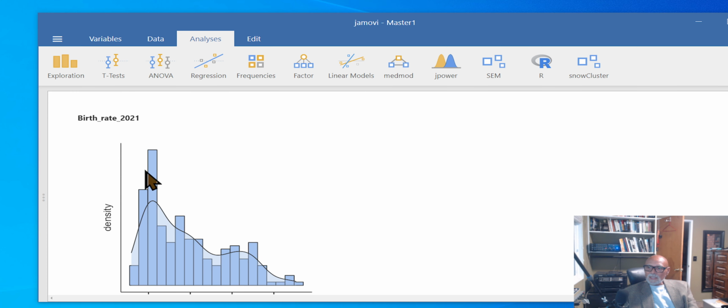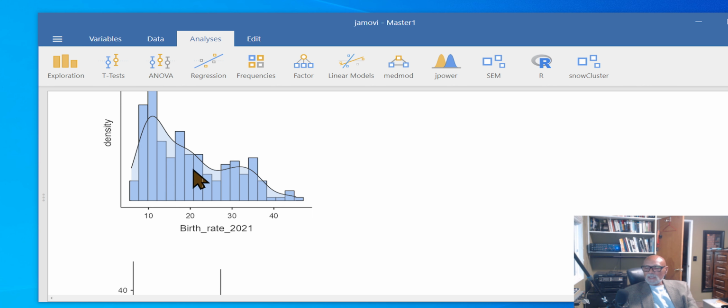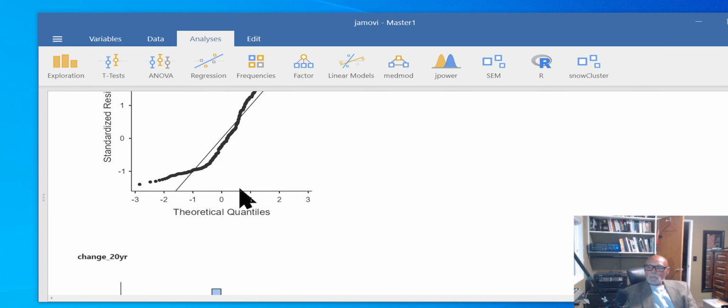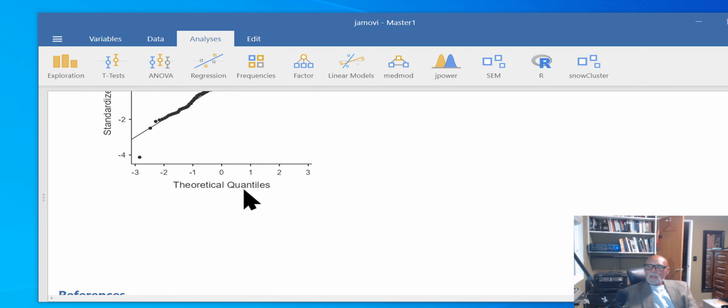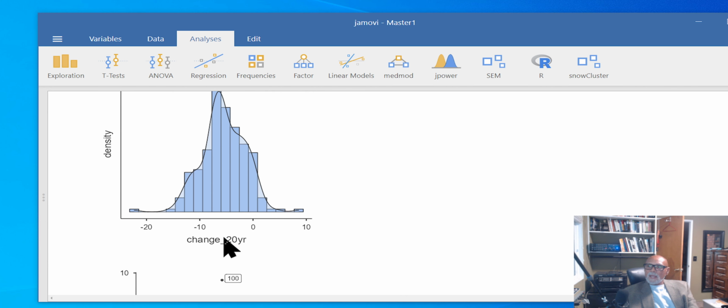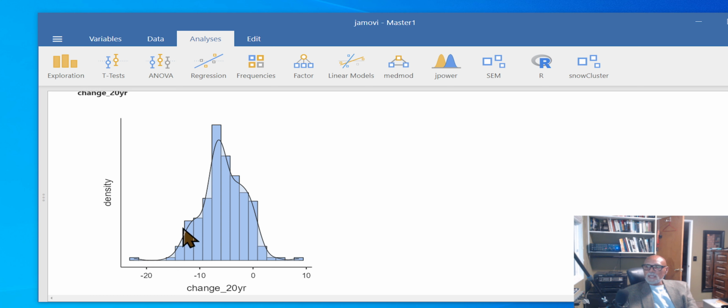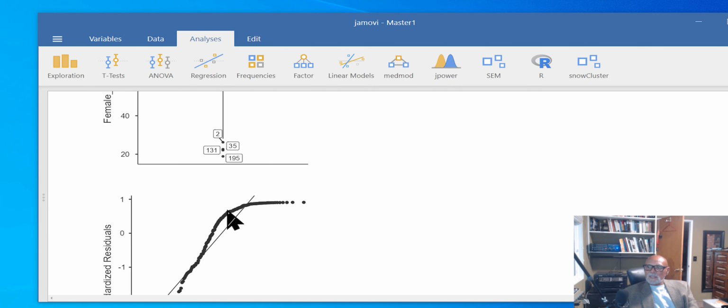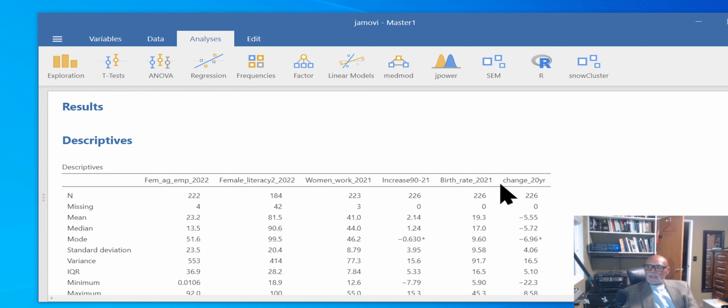This is another one that is skewed to the right. And this is the crude birth rate for 2021, where this is the number of births per 1,000 in the population. And this change right here is the change in the birth rate.